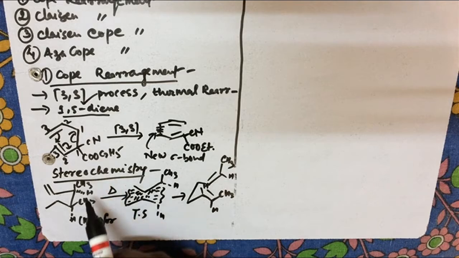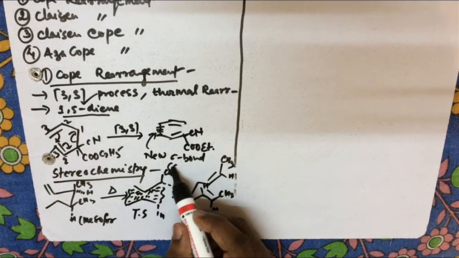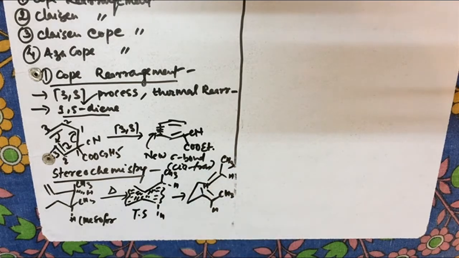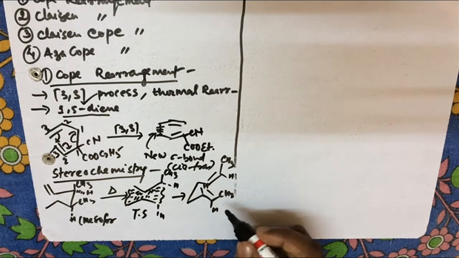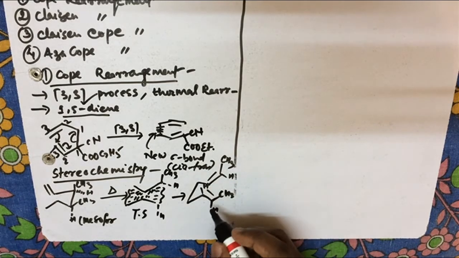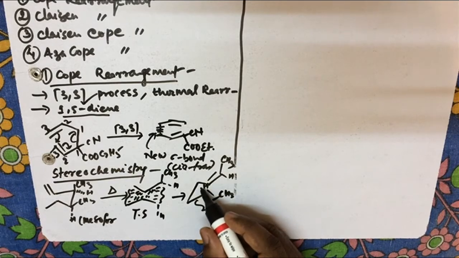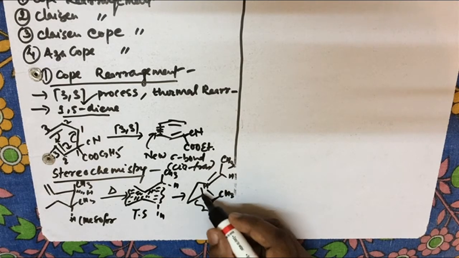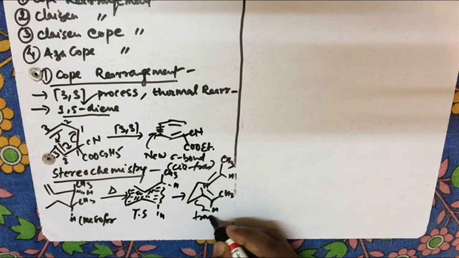Here the cis and trans stereochemistry will form. If you see here, this hydrogen and this carbon's hydrogen are just opposite, so these are trans.